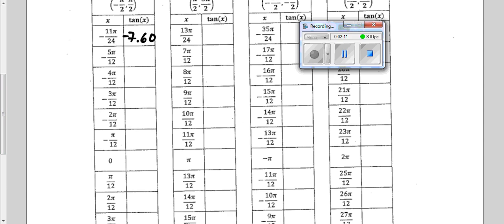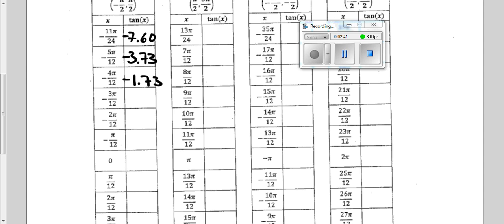Who got an answer for negative 4 pi over 12? 7.2 or 7.3? 7.3. Negative 1.73. All right. How about for negative pi over 4?